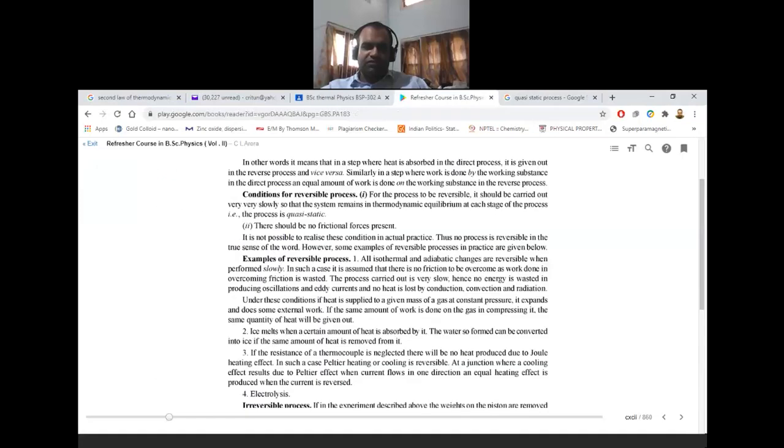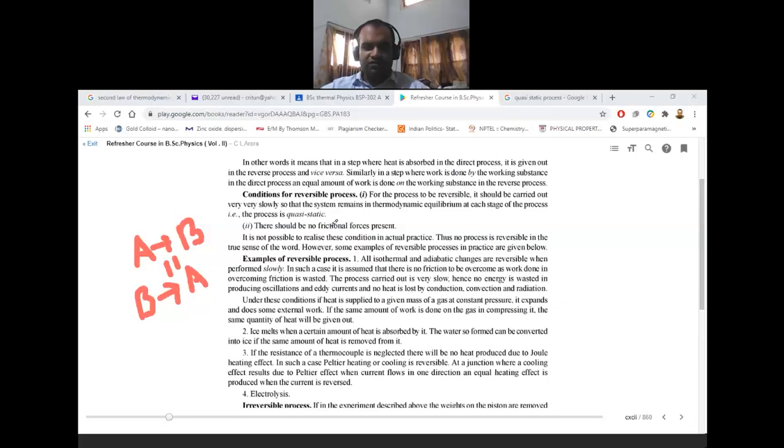So maybe I can annotate quickly. A to B, A state to B state, then again from B state to A state, they involve the same steps. In that case, the process will be termed a reversible process.